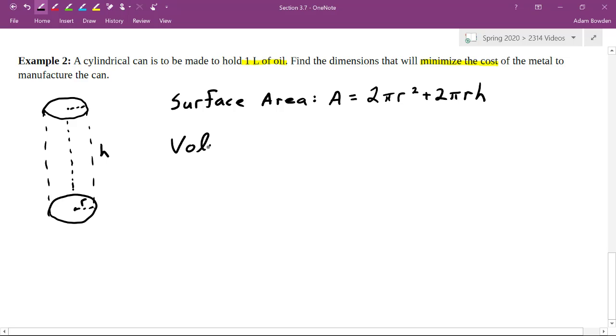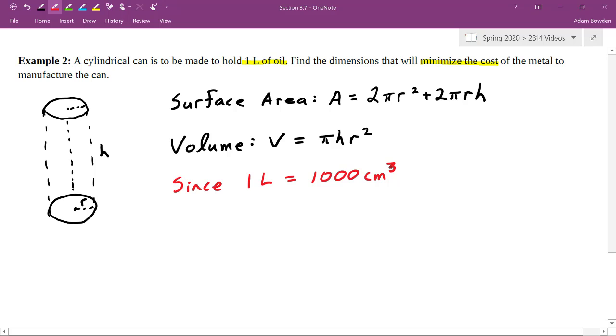The volume, V, of this can would be pi h r squared. Now we're going to have to do some slight unit conversions to get things in order. Since 1 liter is equal to 1,000 cubic centimeters, we can say that the volume, 1,000, is equal to pi h r squared.